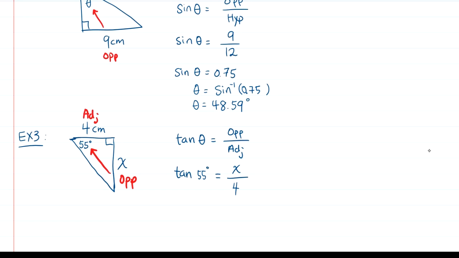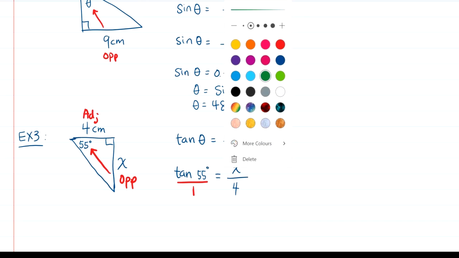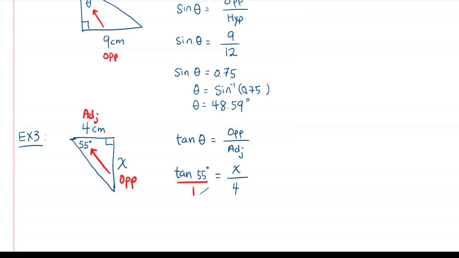So here the fraction has the unknown on the top, so we won't be able to use the calculator to figure out x over 4. So here's a little trick. When you're given this kind of form, we're going to make the tangent 55 as over 1. And then we're going to apply cross multiplication, which means we're going to multiply this way to manipulate the equation.